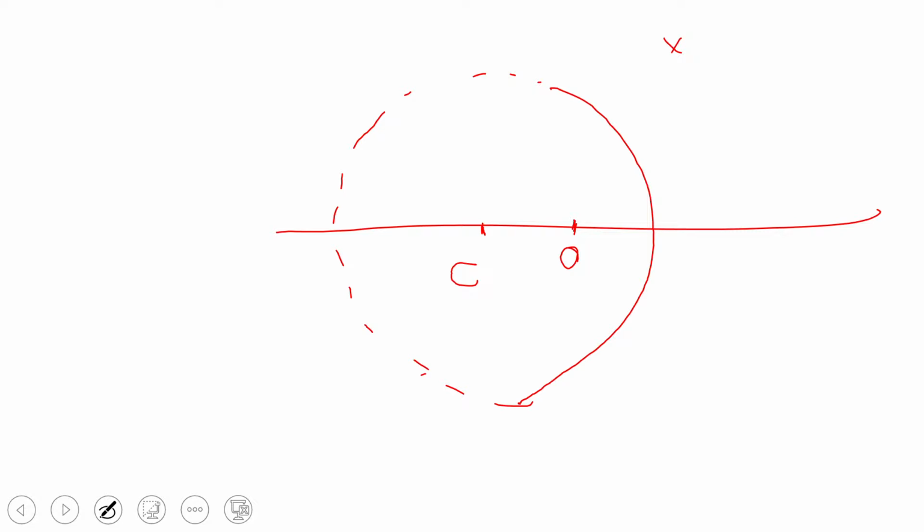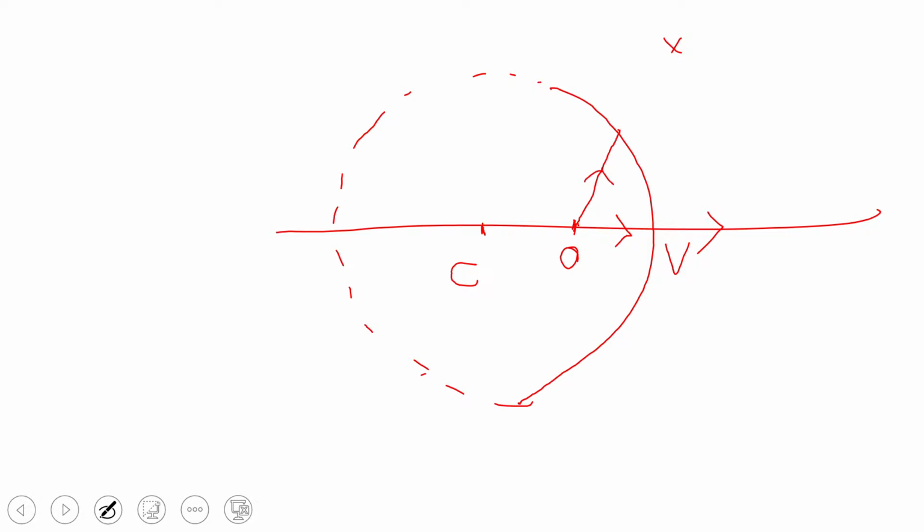So if I have an object at O, you would have one ray that is just going straight through, right? That's a refracted ray. It goes straight through the vertex here. And then another ray, say, that is going out from the object this way.